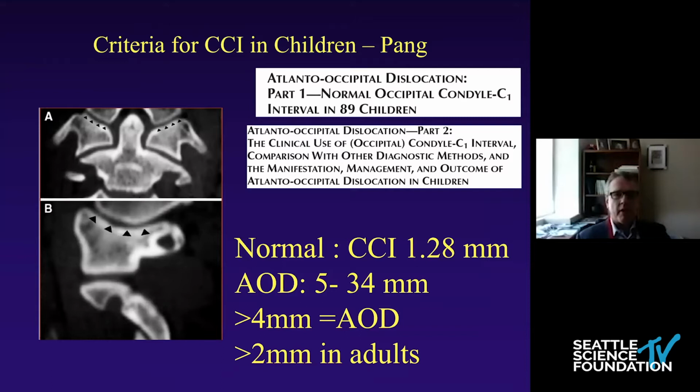And this work, looking at the condylar-C1 interval in children with atlanto-occipital dislocations, was first published by Dr. Pang. And what they found is that in normal patients, the CCI was only 1.2 millimeters, but in atlanto-occipital dislocations, it was anywhere from 5 to 34 millimeters. So certainly in children, if you have more than 4 millimeters of displacement of the condyle on C1, you have an AOD.